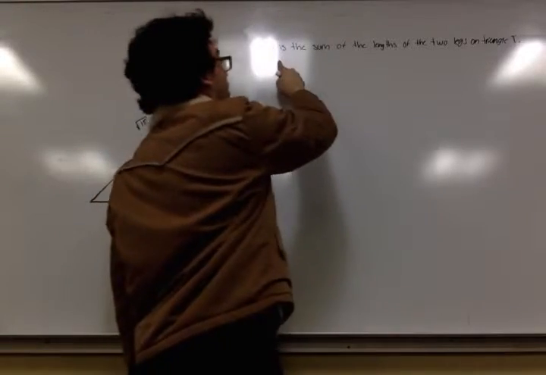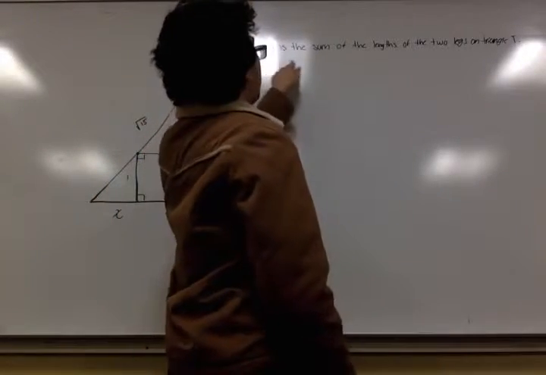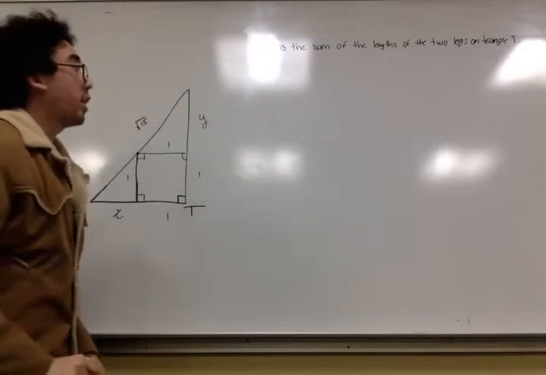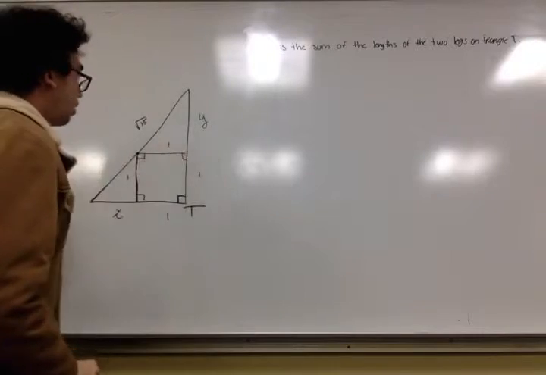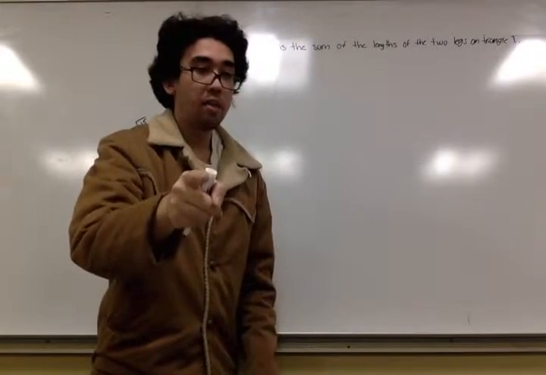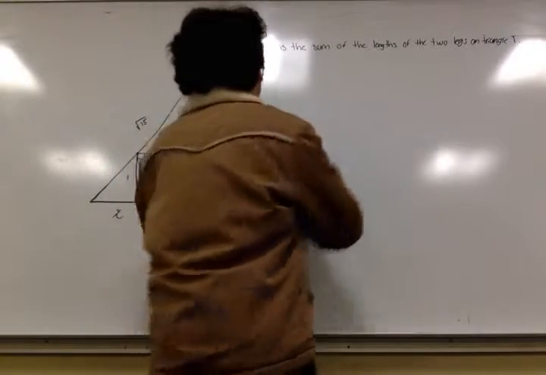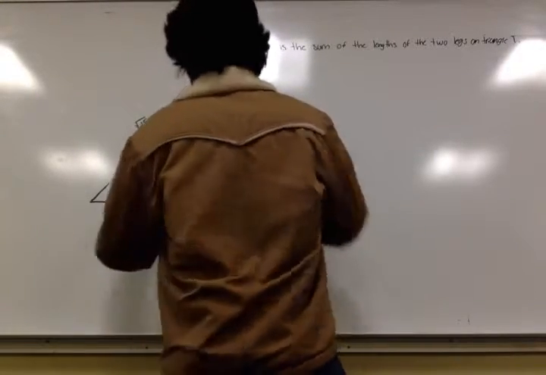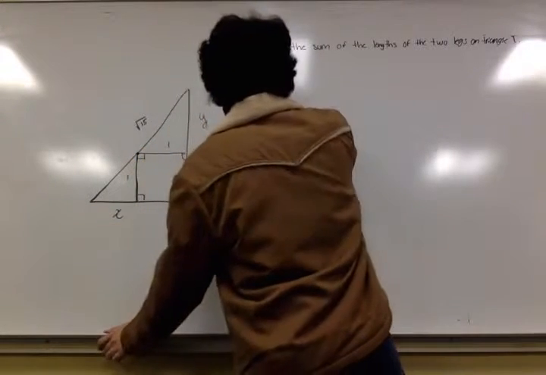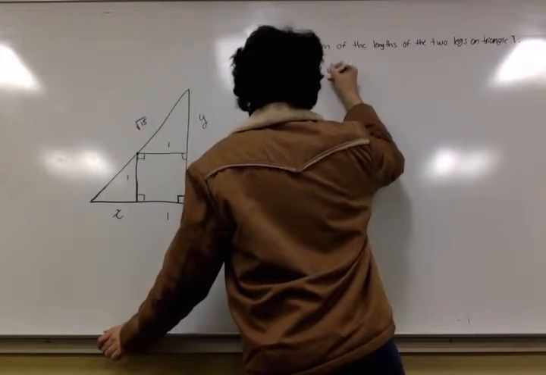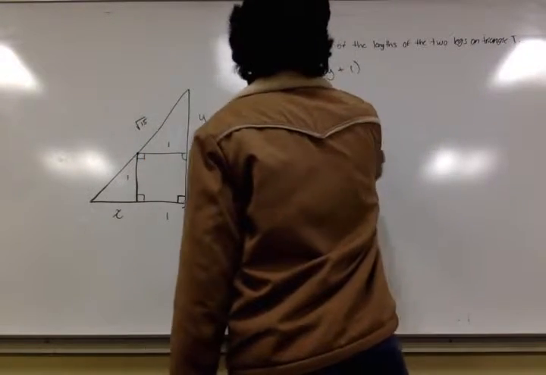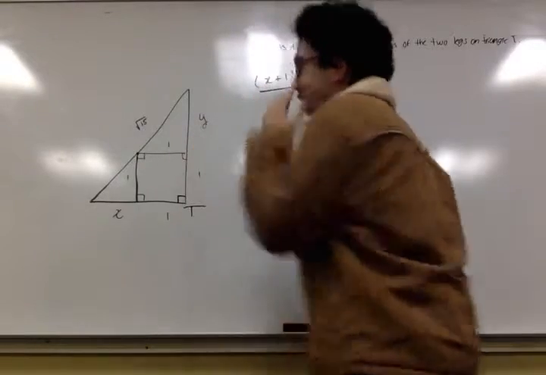The purpose of solving this problem is to find the sum of the lengths of the two legs in triangle T. That's right, because you name a right triangle by the point of its right angle. Okay, we want the sum, so that would be x plus 1, that's this leg, plus y plus 1, which is this leg. So this will be our solution.